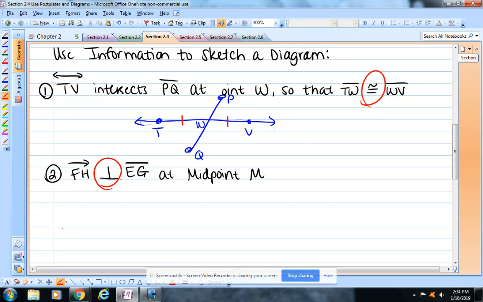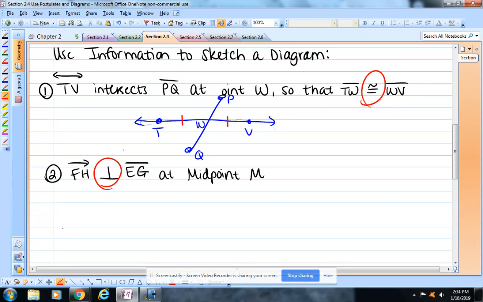Right angles. Okay? So what is this symbol right here? A ray, right? With the endpoint of F, right? And this is a segment, and this means perpendicular. So ray FH is perpendicular to segment EG at the midpoint M.